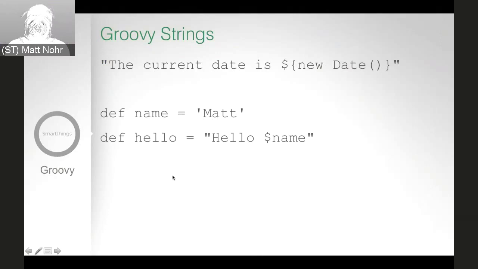Then it's just the same as a Java string. You can either do the dollar sign with the curly braces to evaluate, or if it's just a variable, you can just do the dollar sign with the variable name, and that'll get evaluated right inline, which is very convenient and one of the big shortcuts that people who write in Groovy use all the time.